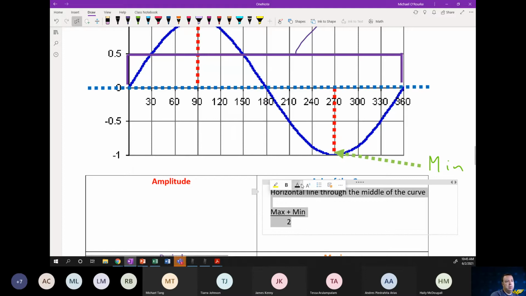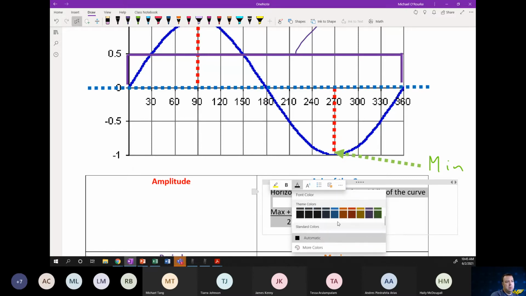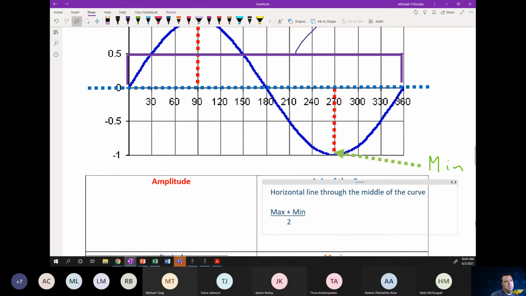I'll make that blue. Okay. And that here is right here. There's our axis right there. Okay. The big thing there, make sure you have that formula written in. Max plus min divided by 2.